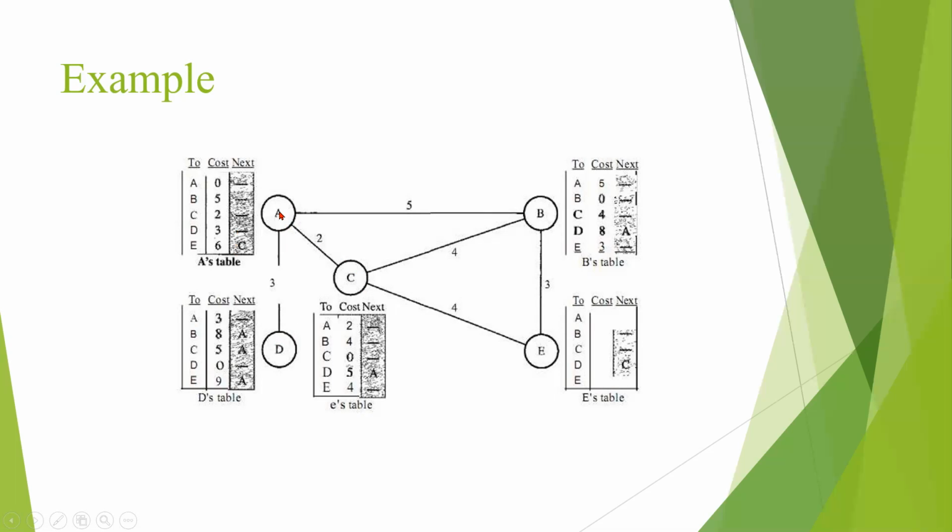We can transfer data from A to E either via C or B. Here these are the states where the data can be transmitted from one node to another. In this, A directly transfers to C, B, D.